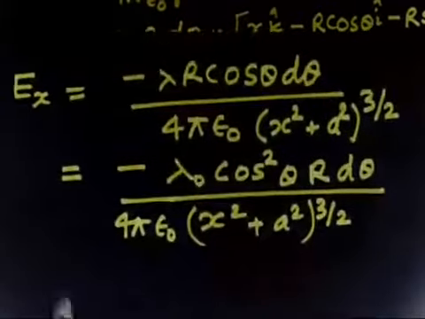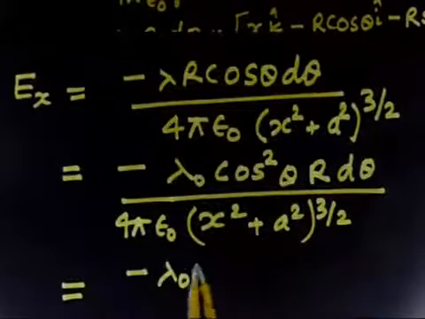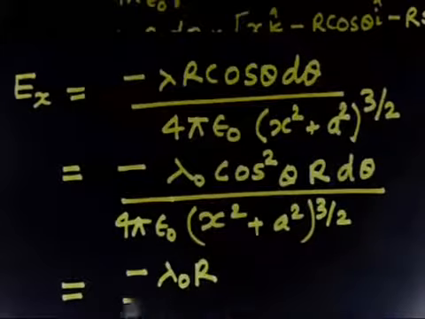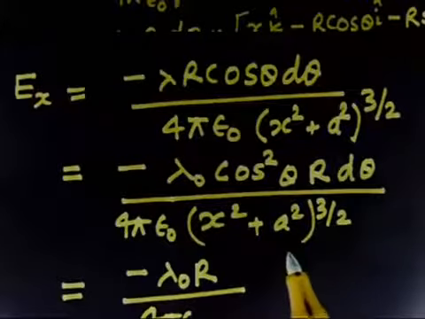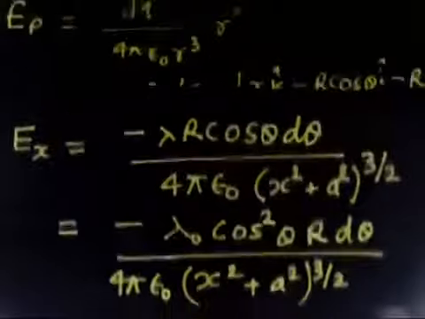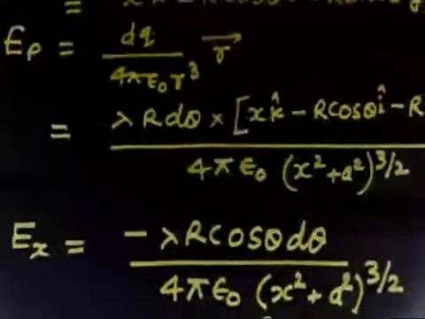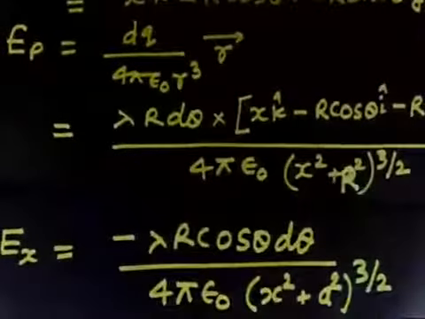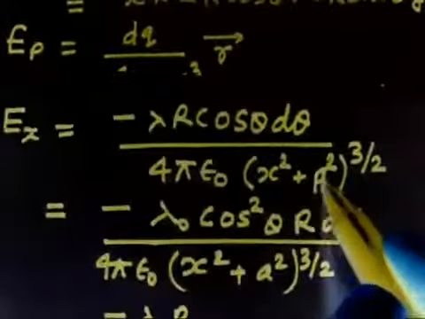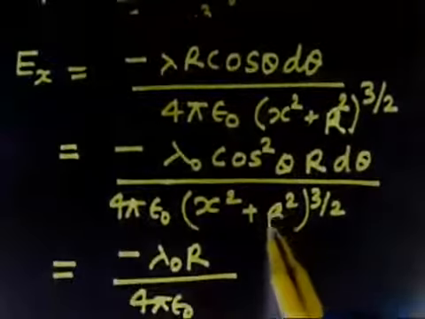So let us say the x component of electric field is lambda naught r over 4 pi epsilon naught, and this is not a square, basically this is x square plus r square, because I have taken the radius of the ring as r, so everywhere in place of a I have to plug r, so this is the mistake. So in place of a you plug r, because the radius of the ring is r, capital R. Are you getting?